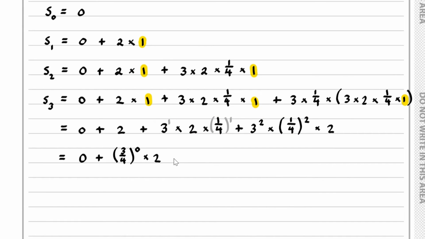And then here, we've got 3 to the 1 times 1/4 to the 1. So we can rewrite that as 3/4 to the 1 times 2. And then here we've got 3 squared times 1/4 squared times 2. So we can rewrite that as 3/4 squared times 2.